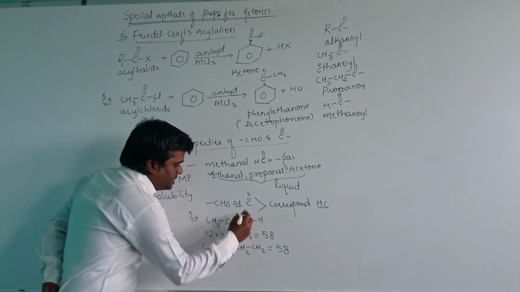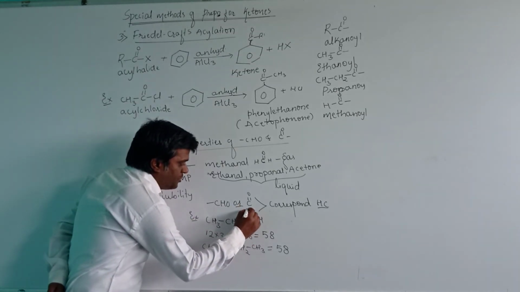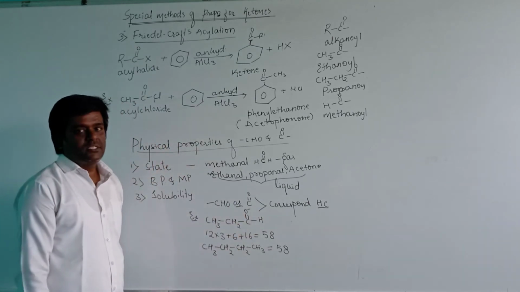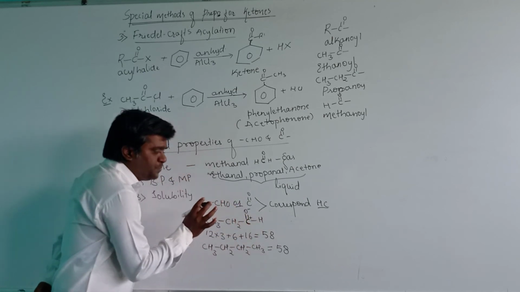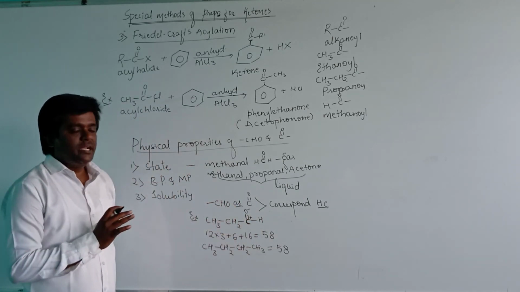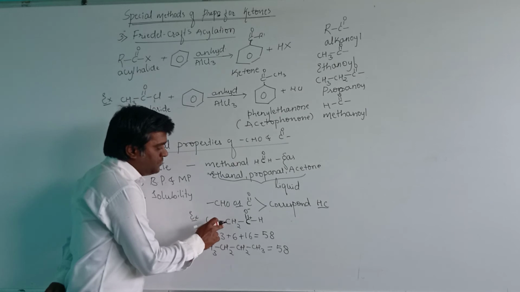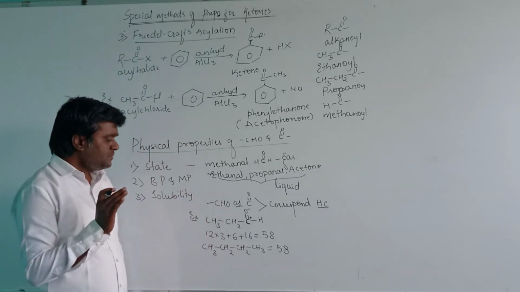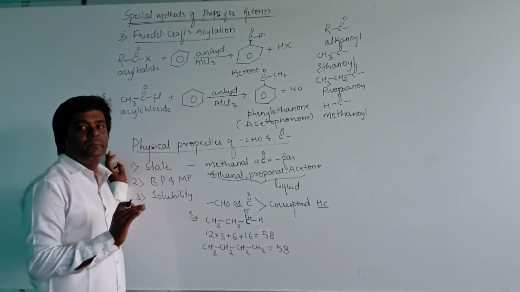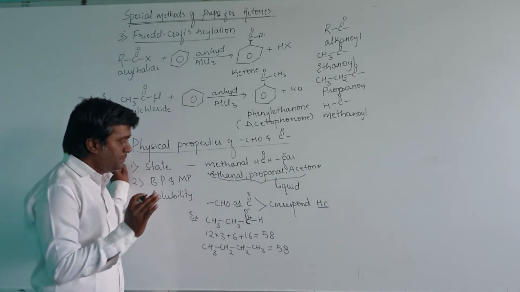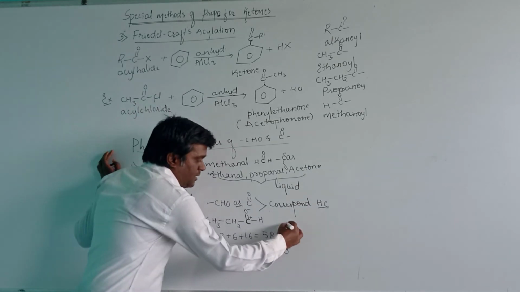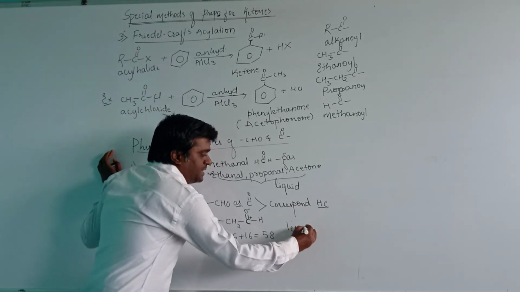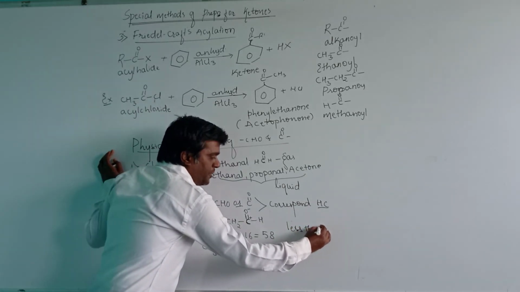Here the oxygen is more electronegative, therefore the oxygen will get the negative charge and carbon will get the positive charge. Due to this polar nature, the aldehydes will show a greater boiling point compared to the corresponding hydrocarbons.